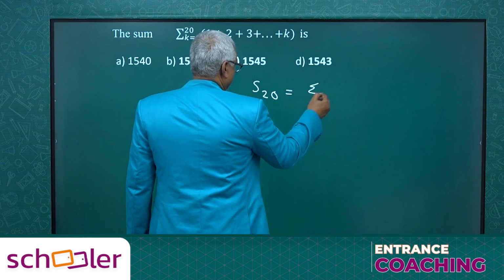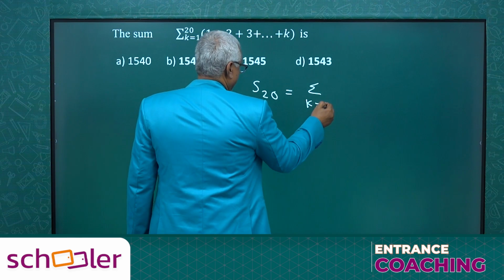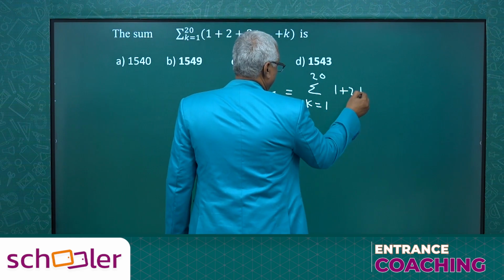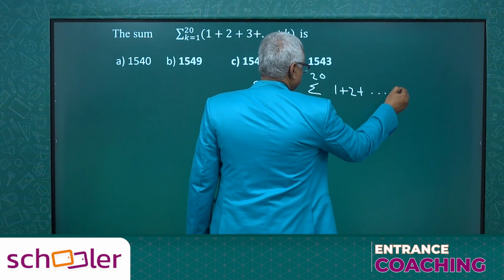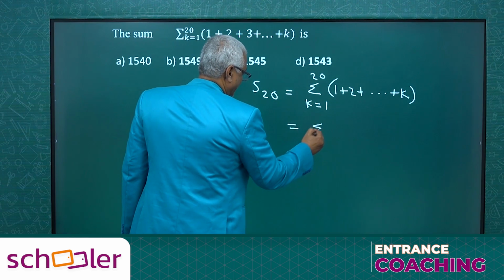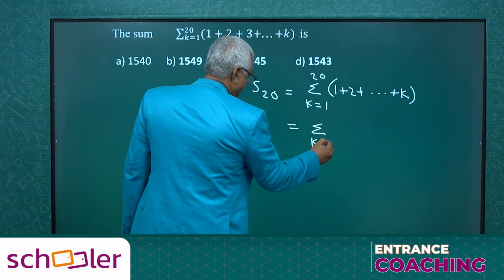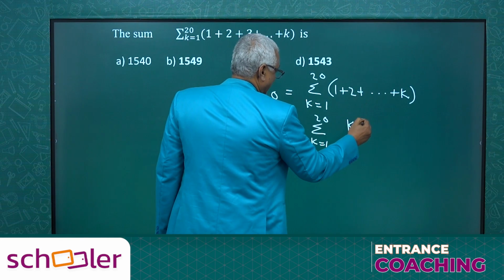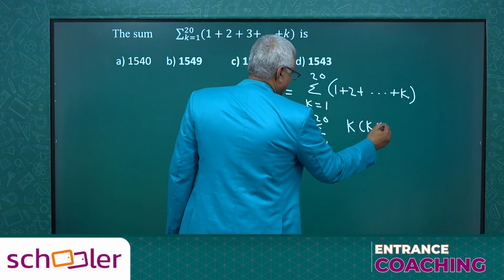This is equal to sigma k equals 1 to 20 of (1 plus 2 plus etc. plus k). Before writing k equal to 1 to 20, you sum this. This is k into (k plus 1) by 2.